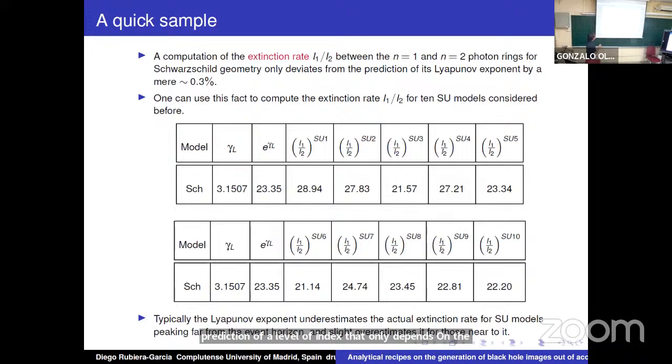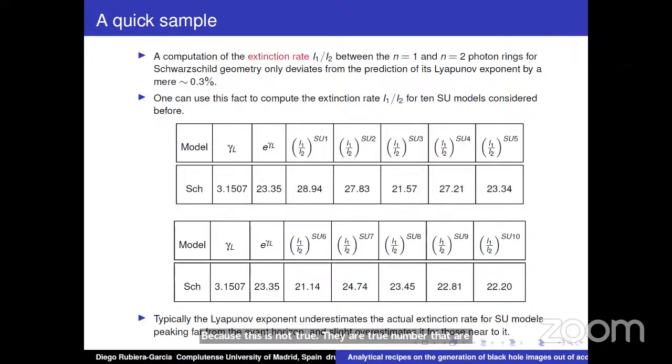For Schwarzschild, this Lyapunov exponent is valid for these two photon rings. This means that if we are able to measure the luminosity at the first and the second ring and take the ratio, I should be able to measure this number, if the disks were completely homogeneous in emission. Because this is not true, the actual number I measure will depend on the assumptions about the disk. These are the actual numbers for different emission models.